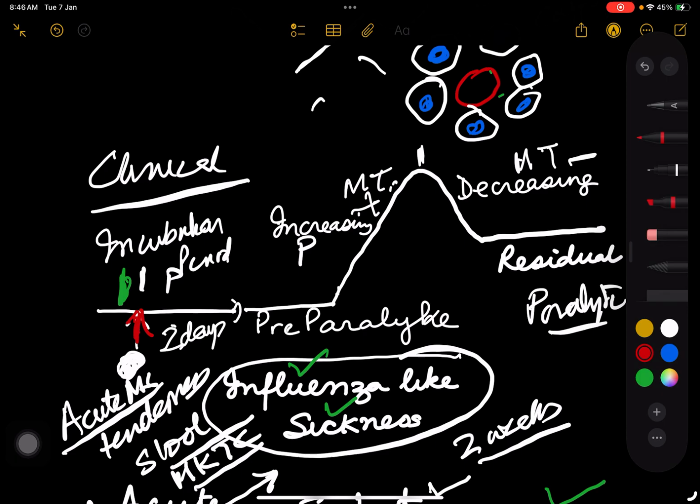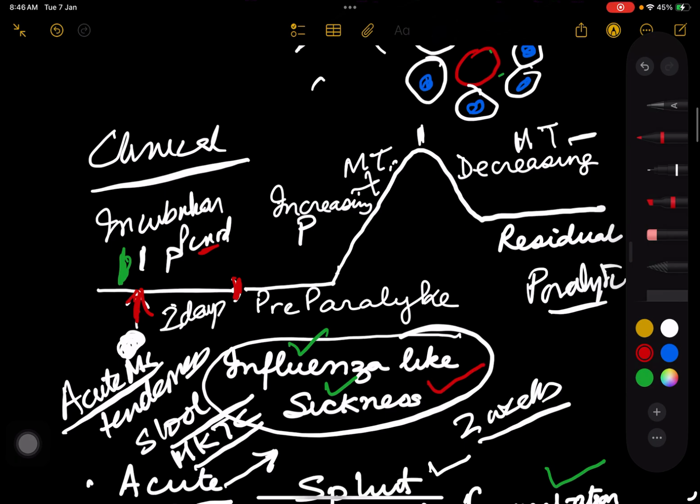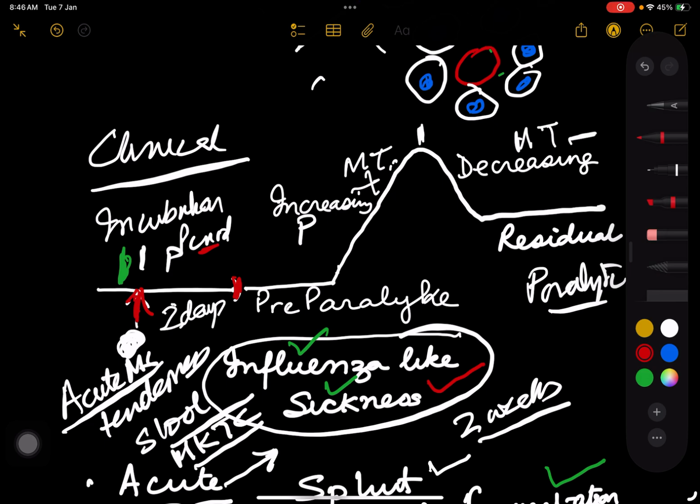So if there is an infection here, for 2 days nothing happens; this is called the incubation period. Then when the virus is in the blood, there is a pre-paralytic phase, when there is an influenza-like sickness, different from other influenza-like sicknesses because there is acute muscle tenderness.